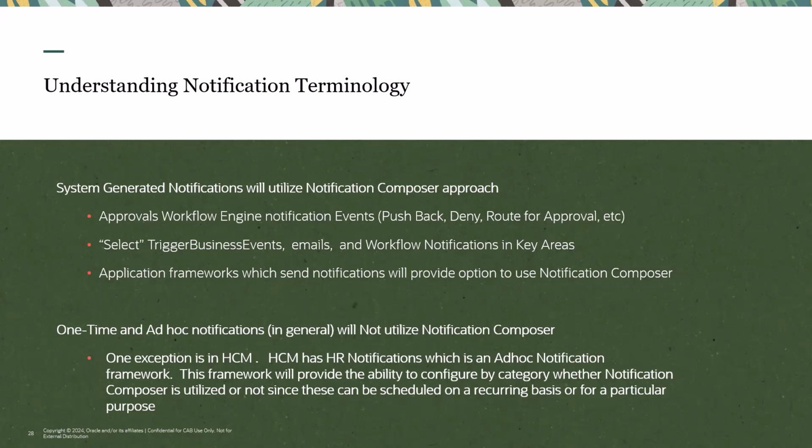I could set up a category specific to that. I can figure out who the recipients are, and I could actually tell the user the purpose. So therefore, maybe they might be able to personalize: I don't need these timesheet reminders, I have my own reminders. So that's why not every ad hoc notification can use Notification Composer, which is why this framework now allows the customer to choose.